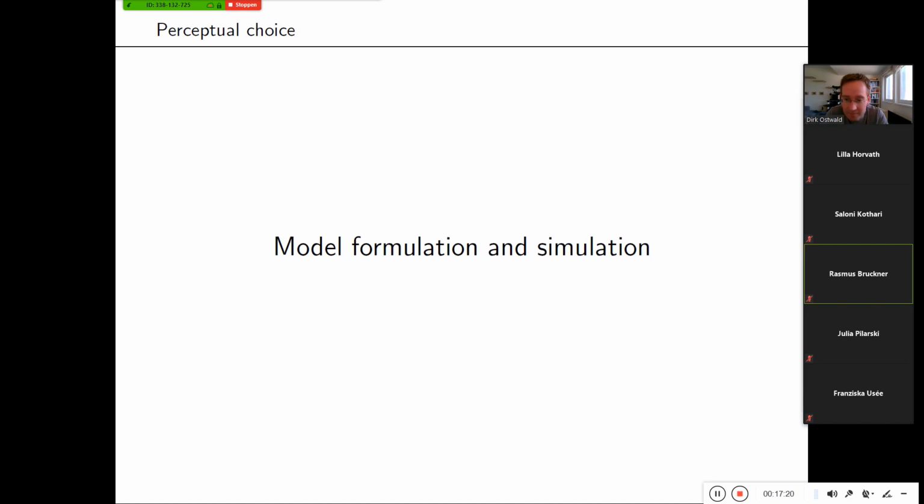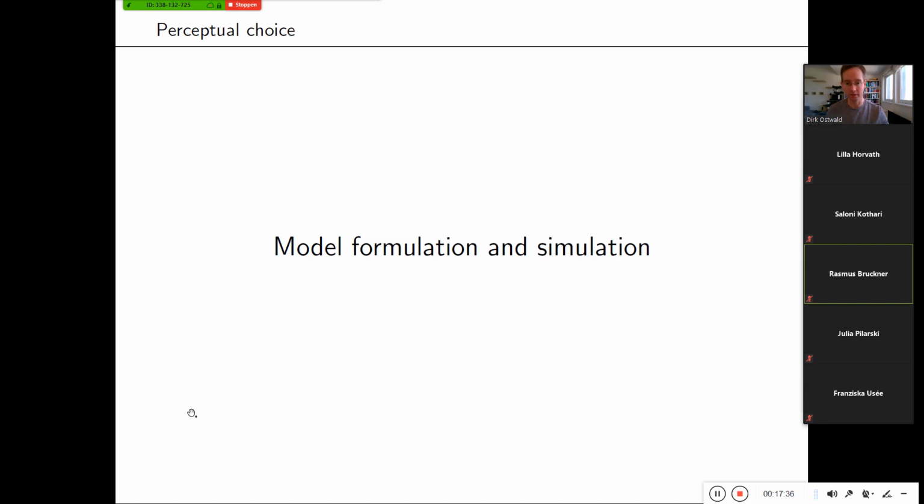And this is what I will follow here. So the first thing will be model formulation, and then also simulation to look at its face validity. After that, we will look at model estimation and validation, and after that, we will look at its application.